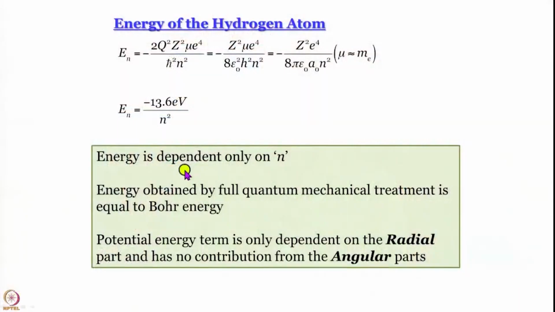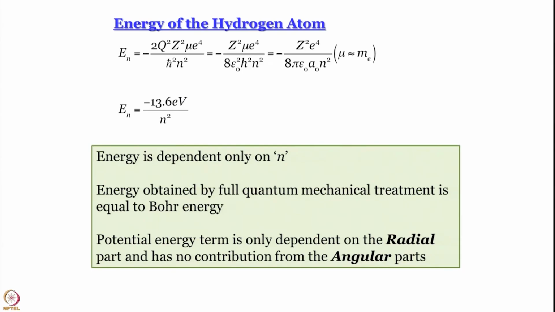This quantum mechanical treatment is the way to go, but the beauty is, even though Bohr theory is not really correct, it gives the correct values of many physical quantities, energy being the most prominent of them. You might remember that in one of our earlier modules we had said that the value of the Rydberg constant that we can predict from Bohr theory turns out to be fairly accurate when compared with the Rydberg constant determined experimentally.